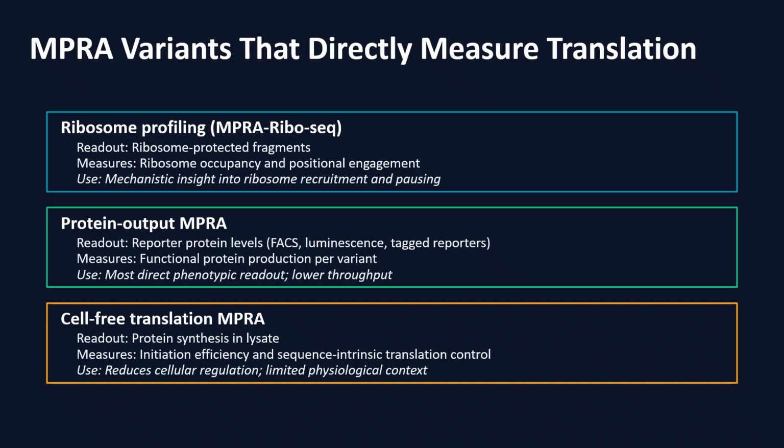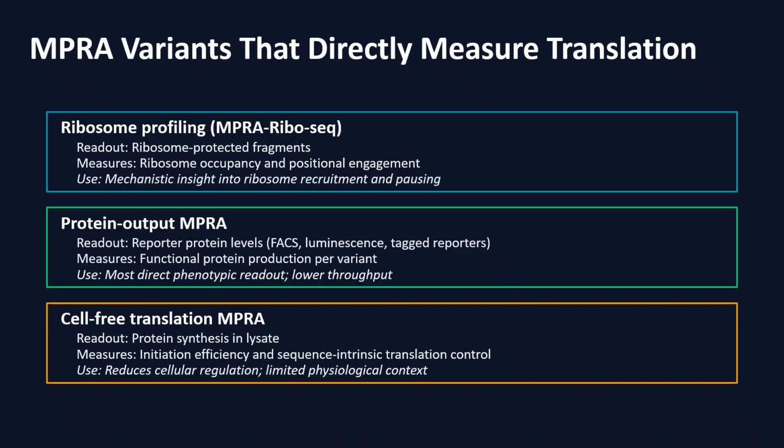We know that standard MPRA measures RNA abundance, not translation directly. And there are several specialized MPRA formats. They let us probe translation. One approach is ribosome profiling of reporter libraries.